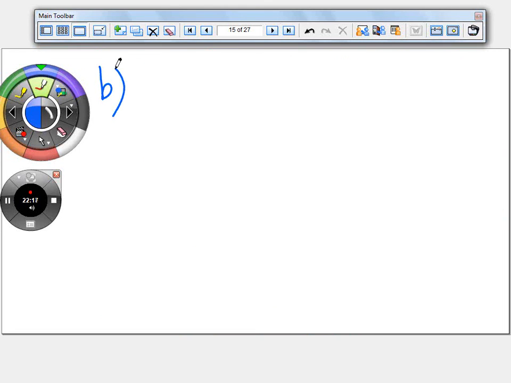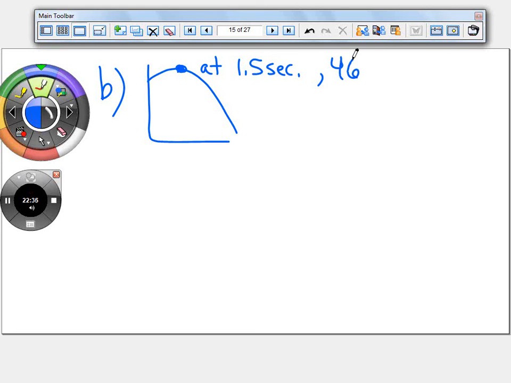You can just graph it on your calculator and see what the maximum height is. And then you would just find that spot, and that's at 1.5 seconds. Use your calculator, 1.5 seconds, it's 468 feet. So you can check that out.